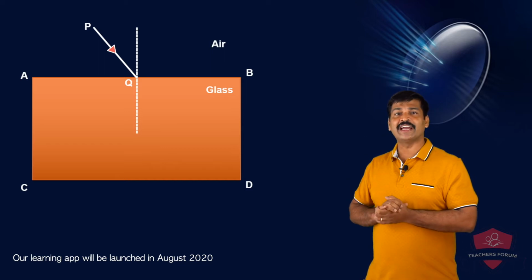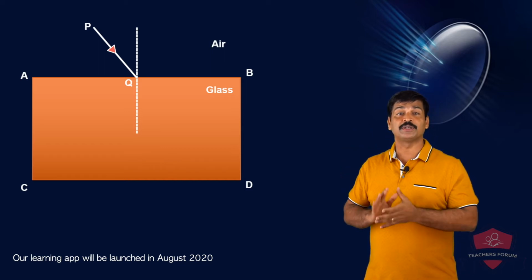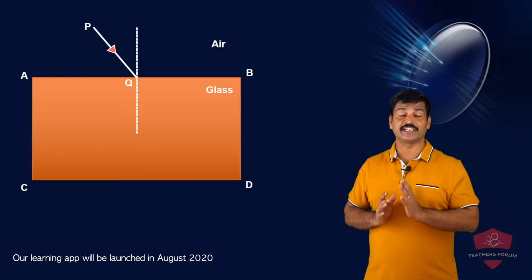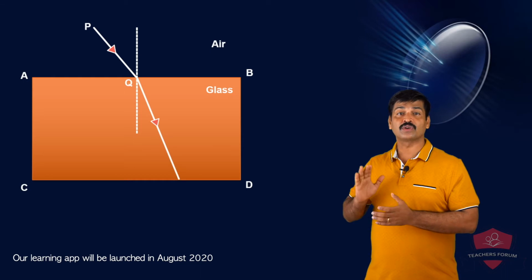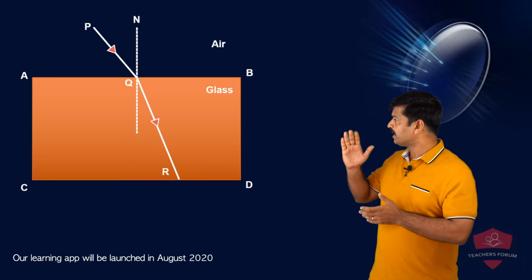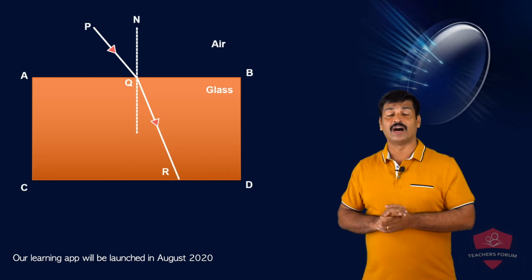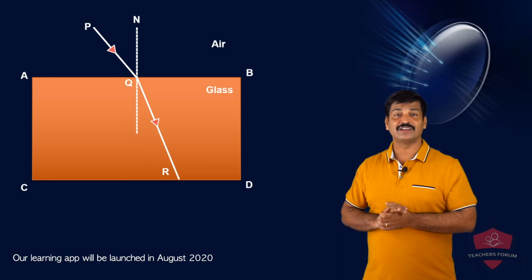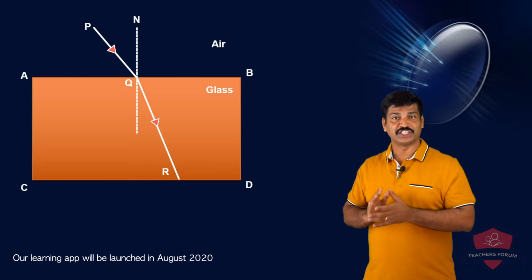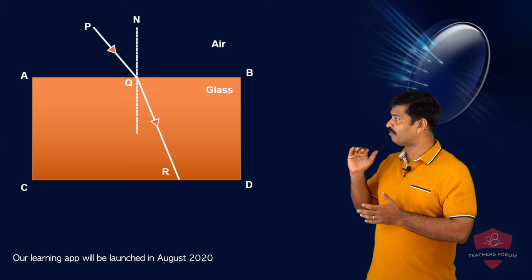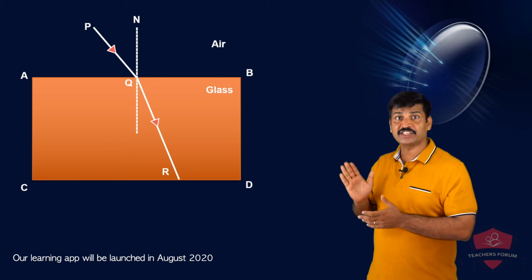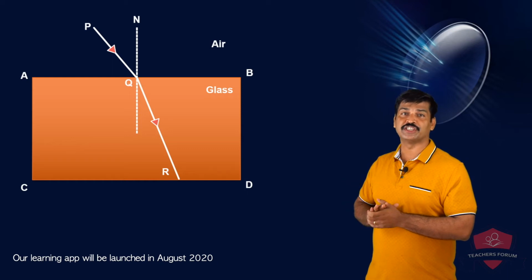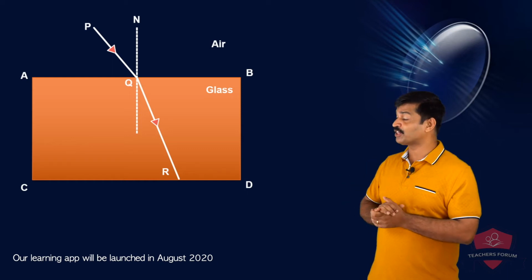So when light travels from air to glass, the speed of light decreases. So the refracted ray comes close to the normal. Here the refracted ray is QR. The direction of the incident ray changes at the interface of air and glass, and the light ray moves in the direction QR.